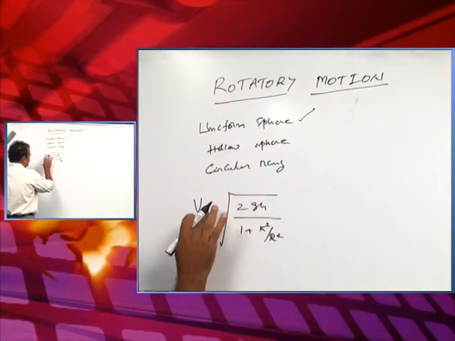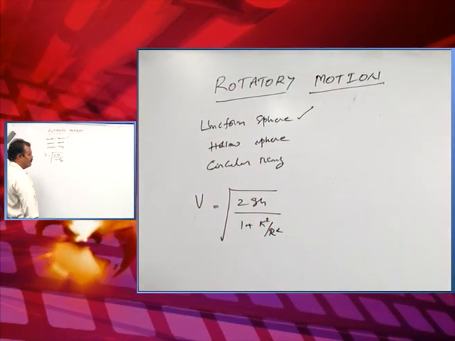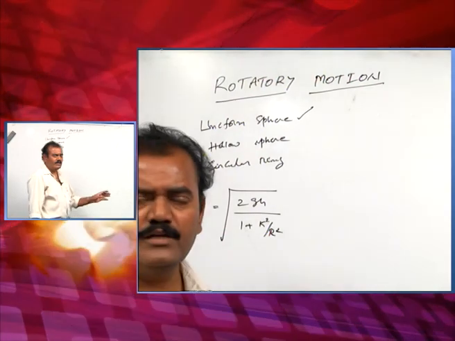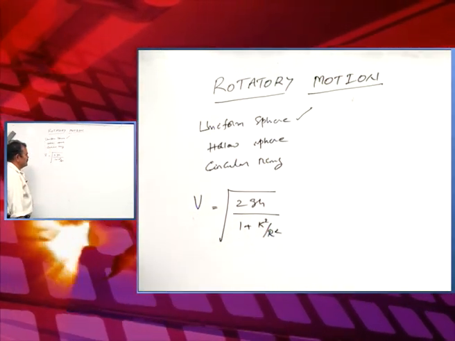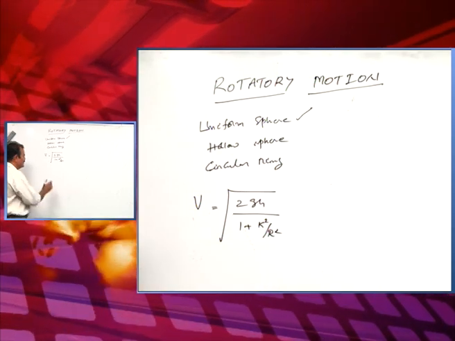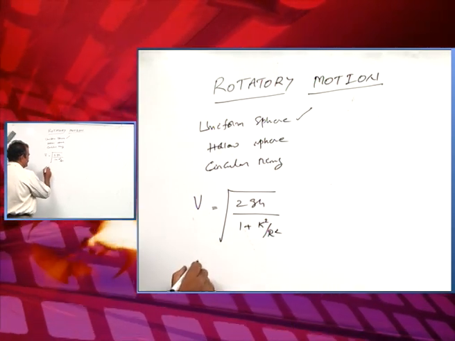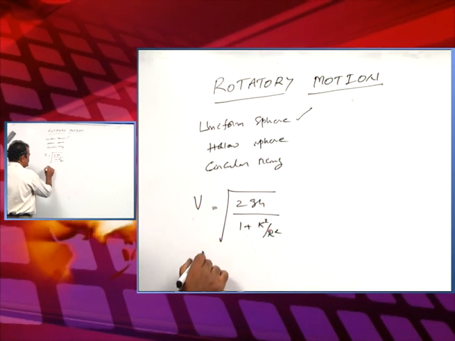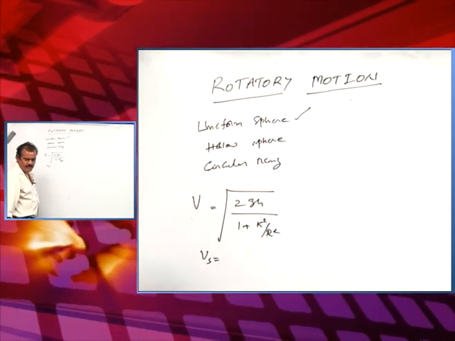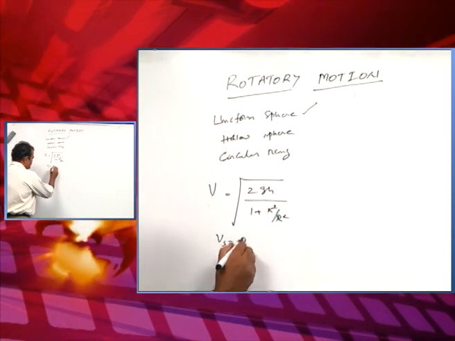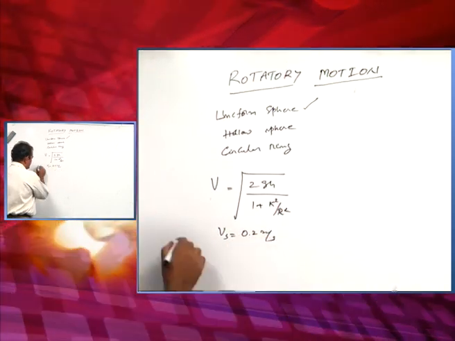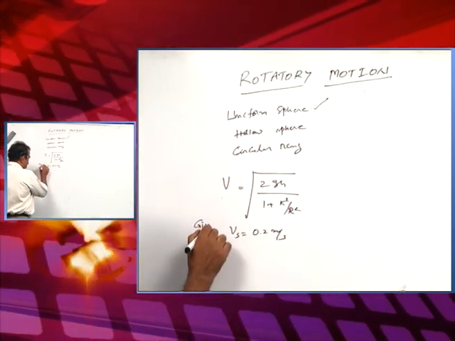In this case for the sphere, Vs is given, its value is 0.2 meters per second. This is the given value.